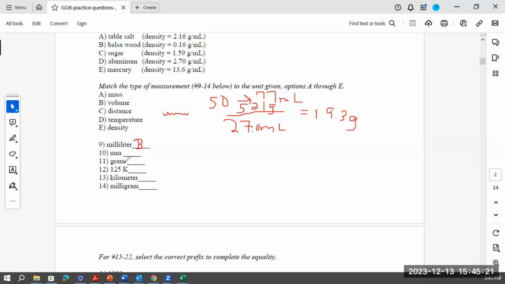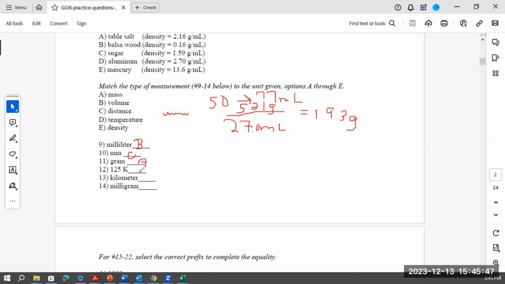Millimeters, or mm. What would that be? That would be distance. So that's C. Okay. Grams. That'd be mass. 127 Kelvin.